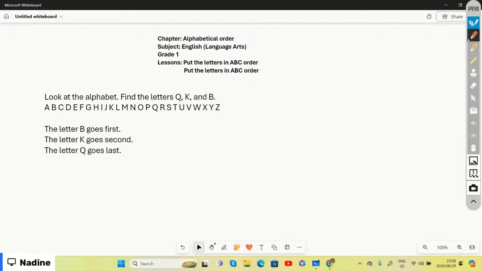Q, can you identify the letter K? All right, so you can also identify K. So identify Q. Try to find K and try to find B within the letters A to Z.